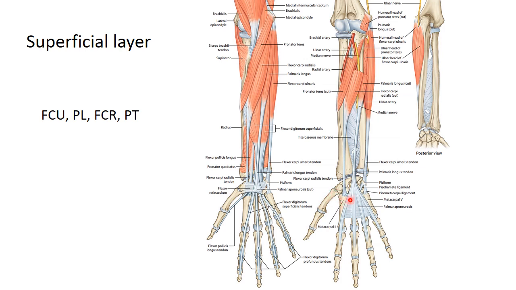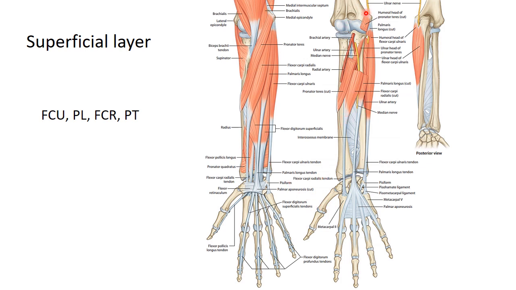This is the second and third. It inserts into the second and third metacarpal bones. Nerve supply is by the median nerve. Action: it is the strongest flexor muscle of the wrist joint. And since it is on the radial side, it abducts the wrist joint, or radially deviates the hand.